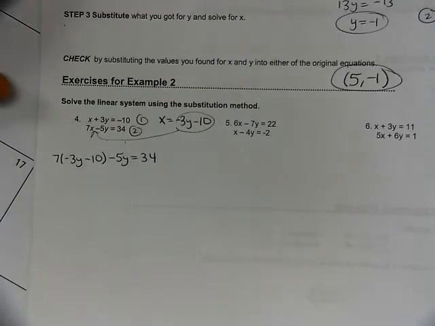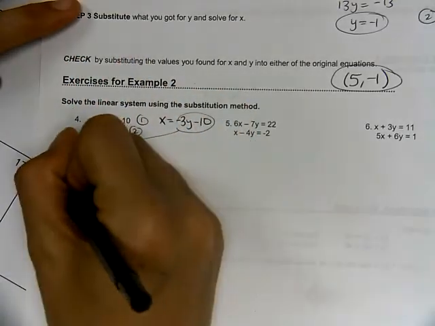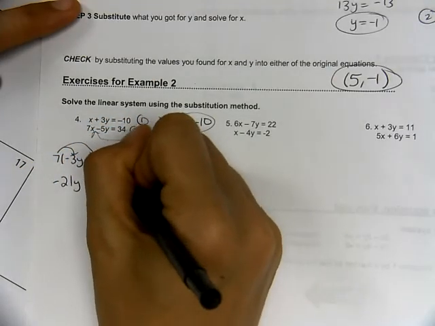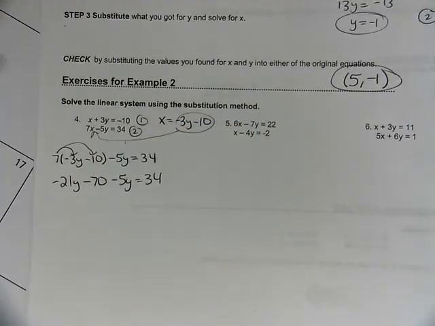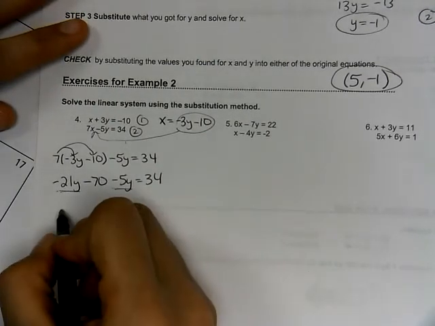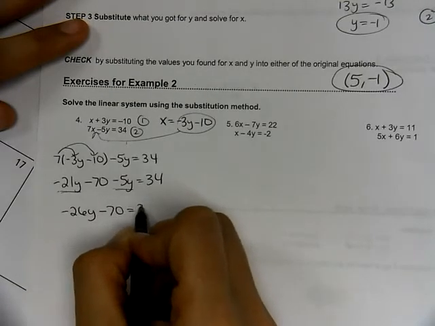And then you distribute. So negative 21y minus 70 minus 5y equals 34. It's a lot of negatives happening. Combine like terms. Negative 26y minus 70 equals 34.